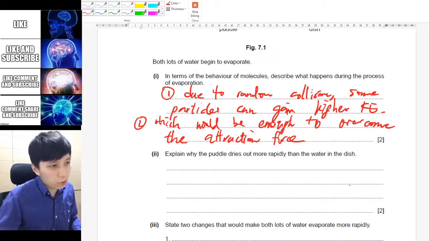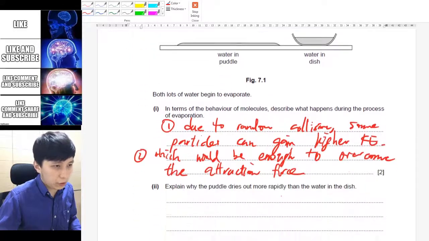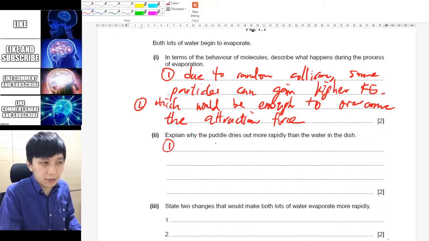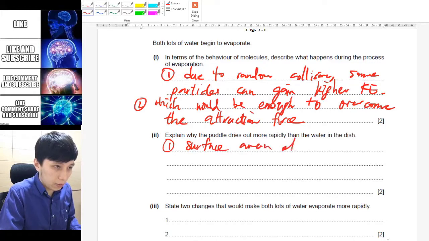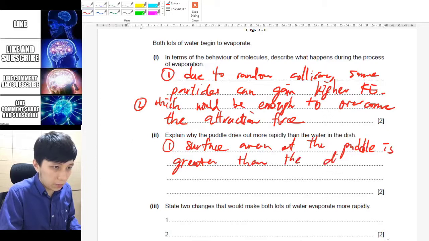Number 2 is asking you why the puddle dries out more rapidly than the water in the dish. Apparently something you can see by observation is the surface area. So the first thing is to state this as a fact. You can say the surface area of the puddle is greater than the dish.